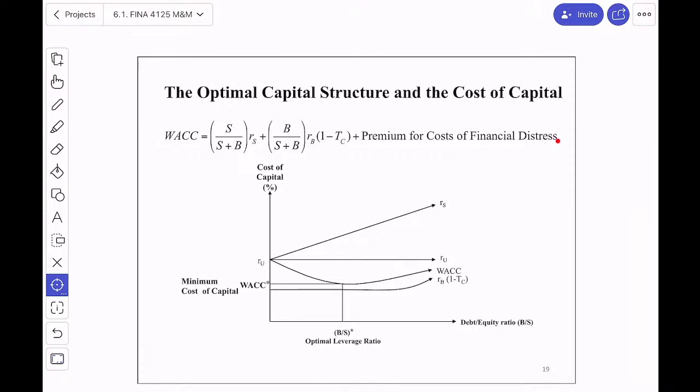So now what happens is the weighted average cost of capital turns up. But why is it turning up? Well, essentially, it's partly because of the cost of debt that kicks in after this point, the optimal debt.